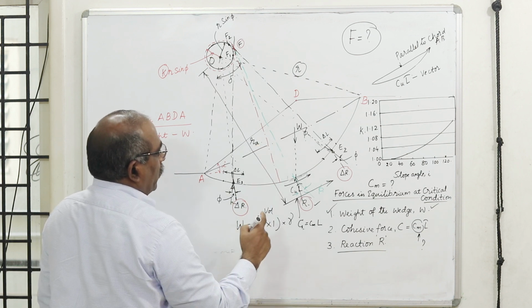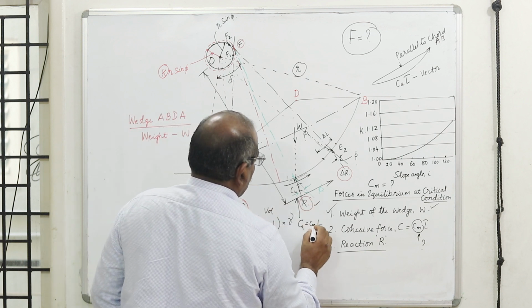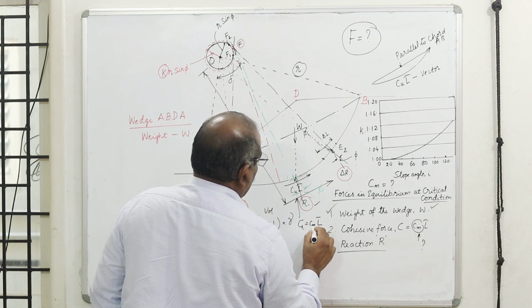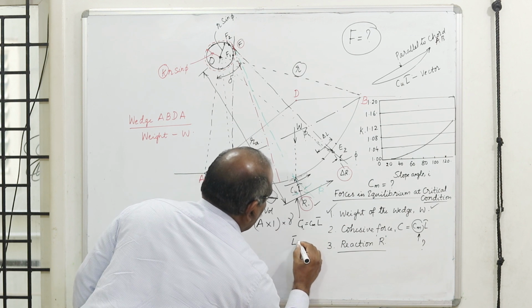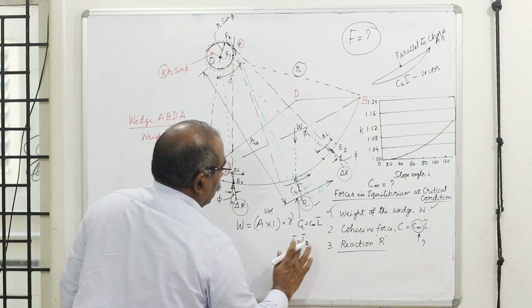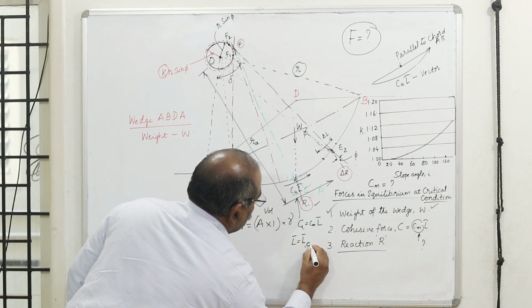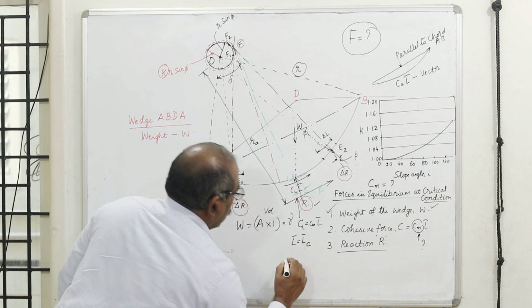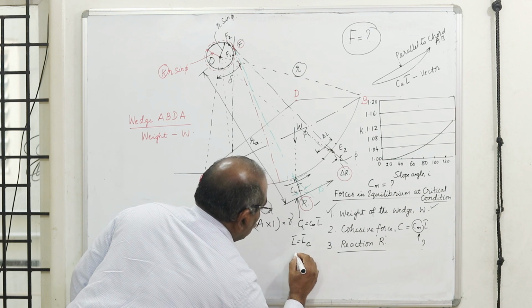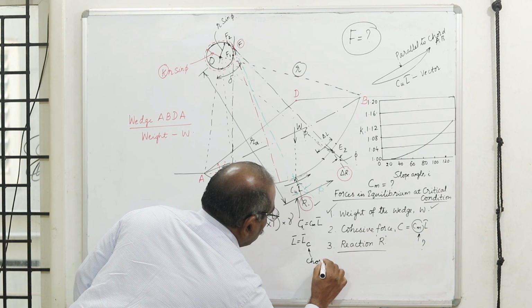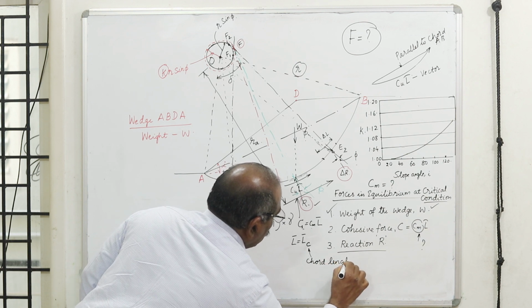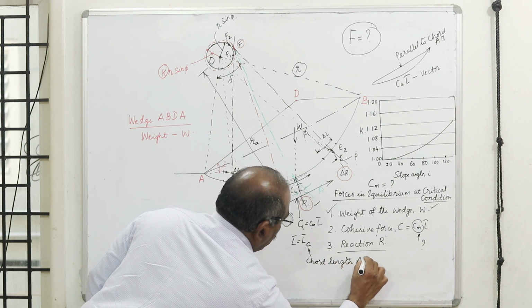Now I can find Cm into L chord, LC, which is nothing but the chord length AB.